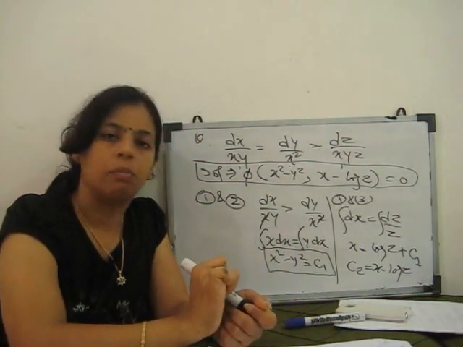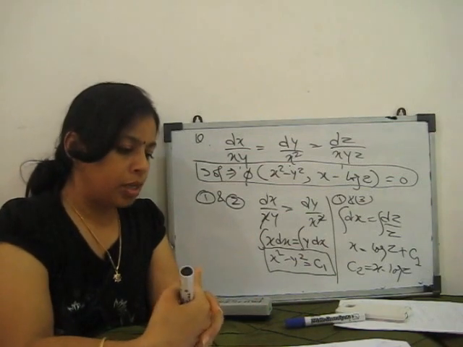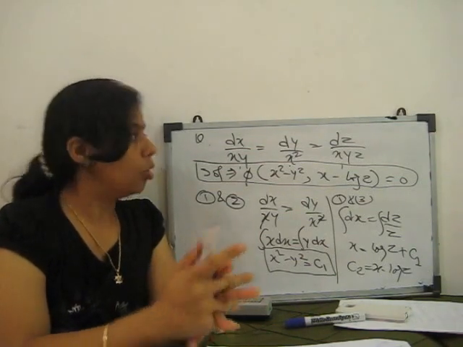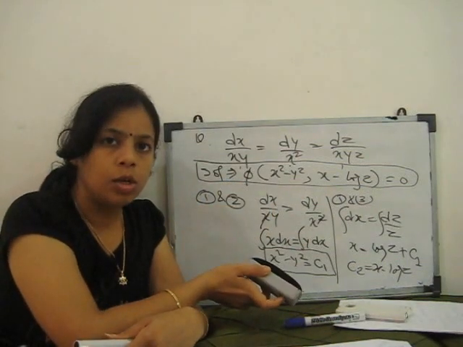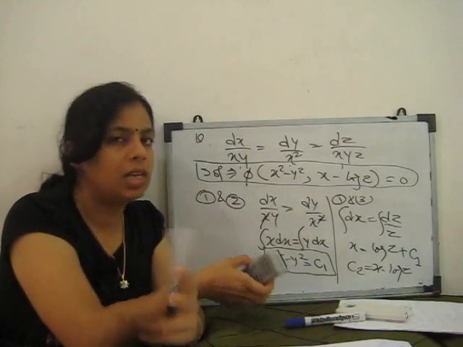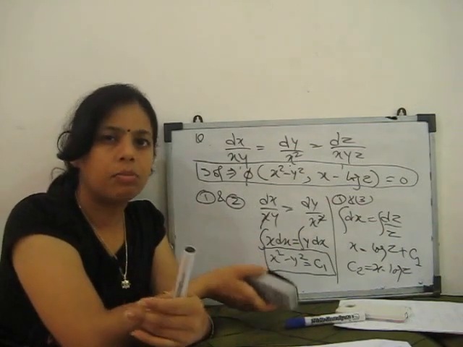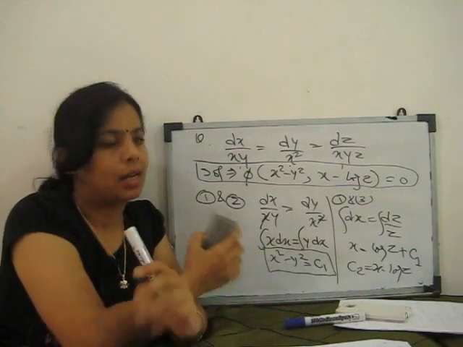That is one very simple example for the symmetrical form of simultaneous equations. Now we go for some more. I will give you the tricks we can use to find the two constants. Very easily we can find one, but in some problems the major difficulty is finding the second constant.